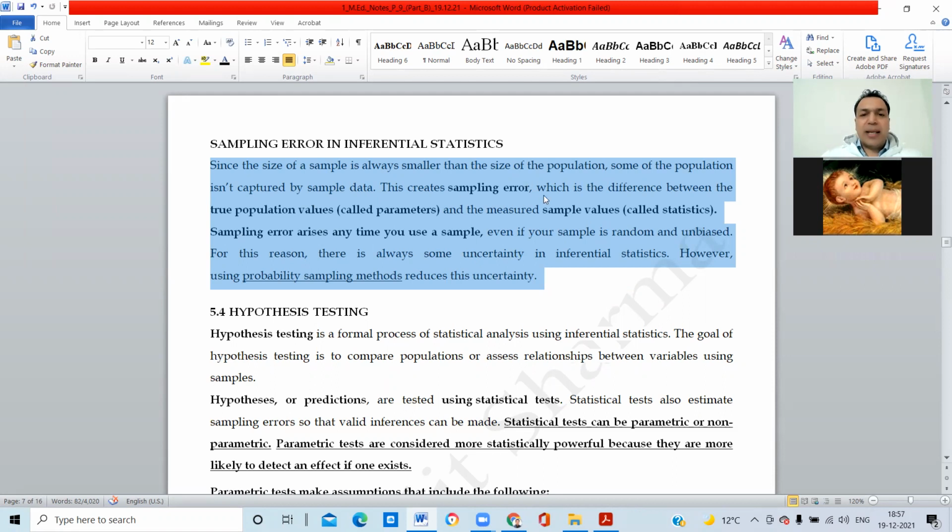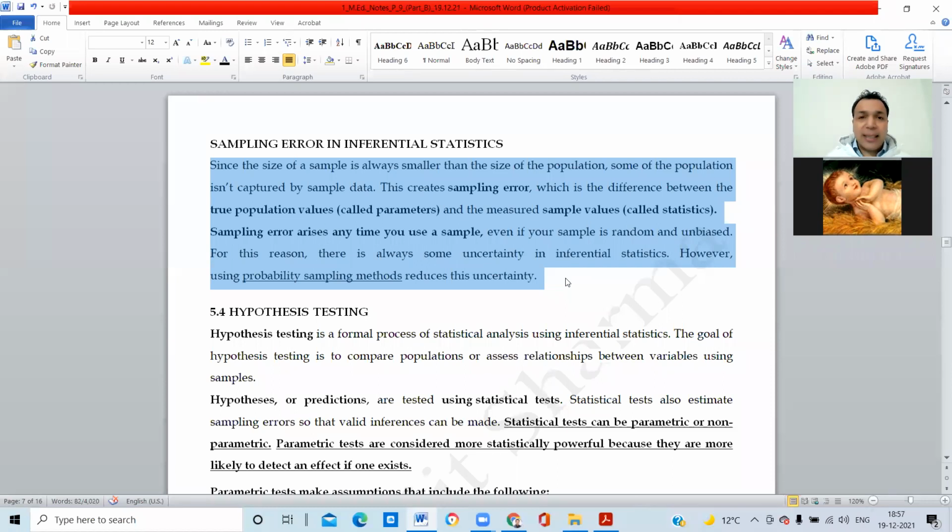This creates a sampling error, which is the difference between the true population and the measured sample values. Sampling error arises anytime you use a sample, even if your sample is random and unbiased. For this reason, there is always some uncertainty in inferential statistics. However, using probability sampling methods, you can reduce this uncertainty.